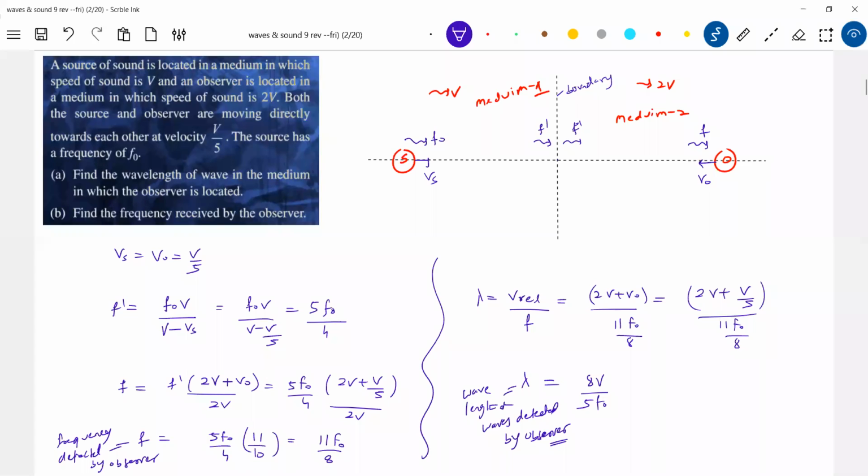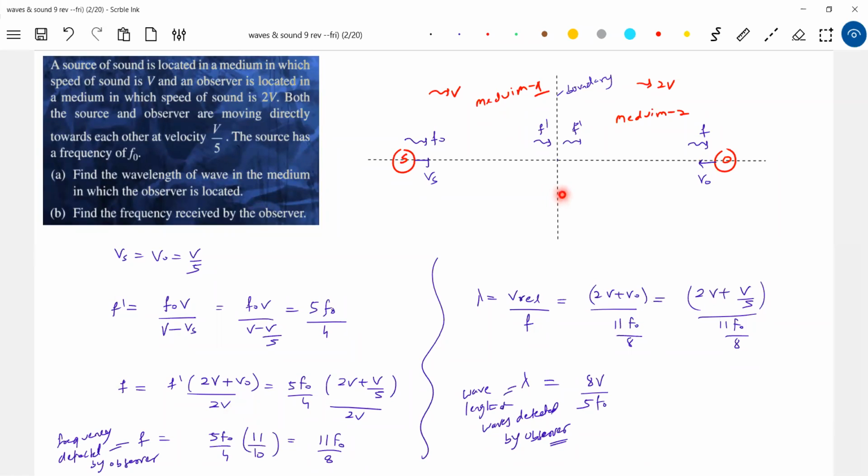Even this boundary is moving. If the boundary is moving, in that case you have to do adjustment here in the numerator. Able to make it out? If the boundary is moving, that adjustment has to be done. Again, when you're calculating F, you have to do adjustment here.